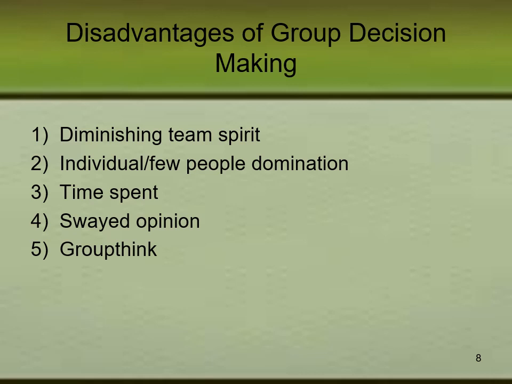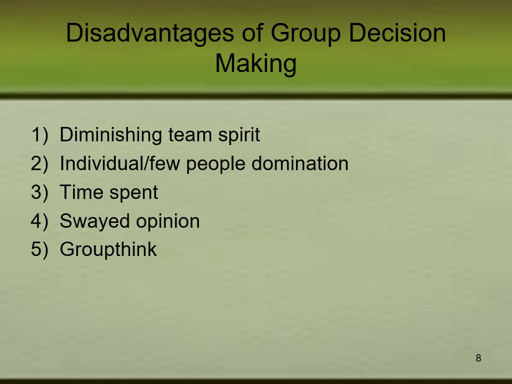When a decision is made in a group, definitely a lot of time has to be spent, because ideas are to be given by every group member. Then ideas must be evaluated first. Then only a decision can be made. So that takes a lot of time when it involves group decision making.